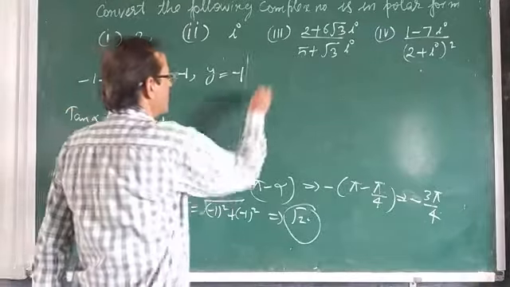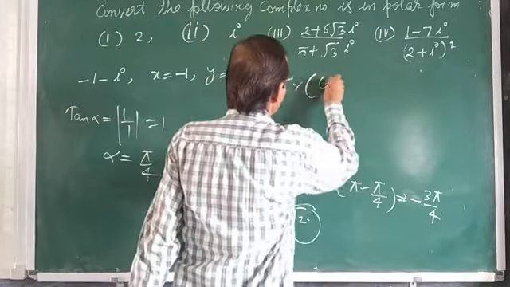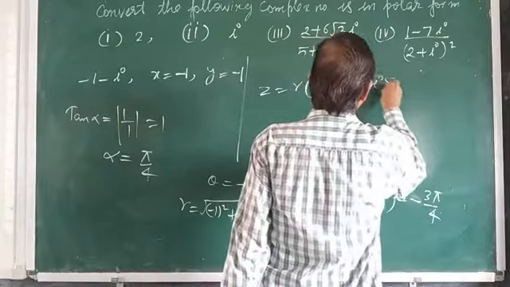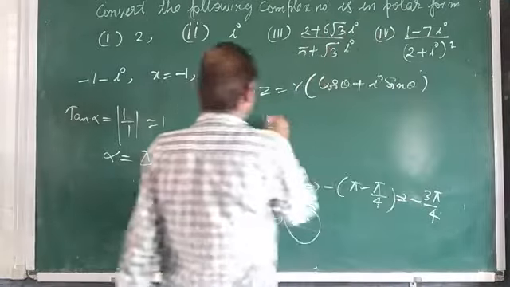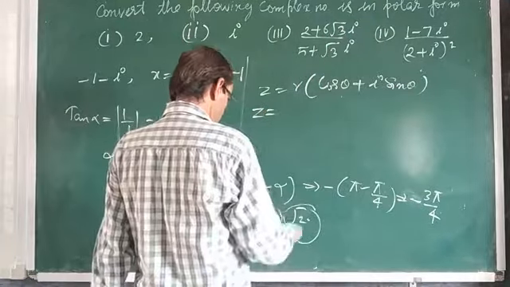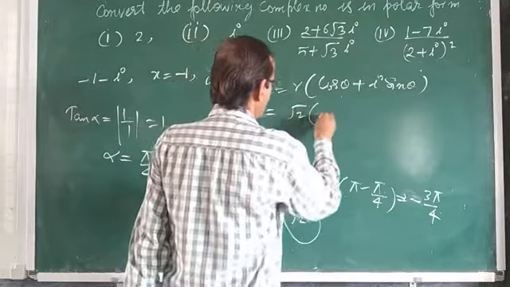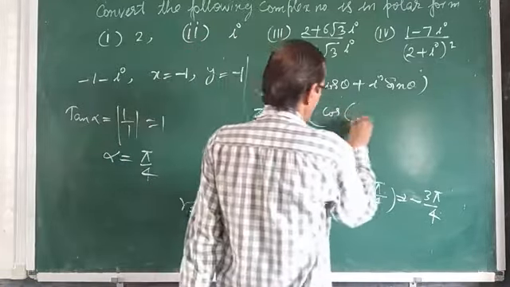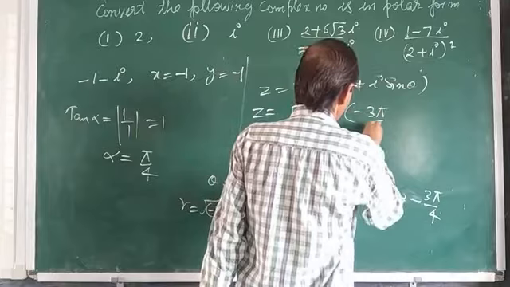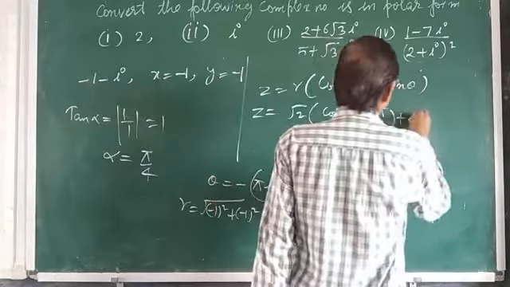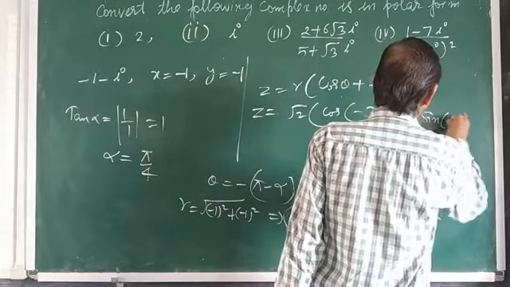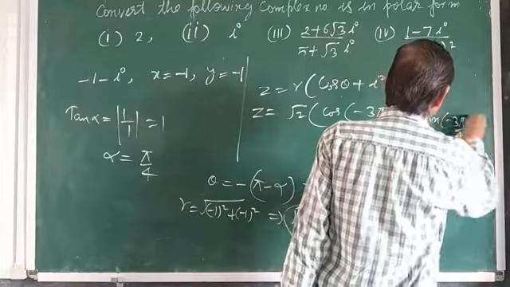Z is equal to r (cos theta plus iota sin theta). So Z is equal to root 2 (cos of minus 3 pi by 4 plus iota sin of minus 3 pi by 4).